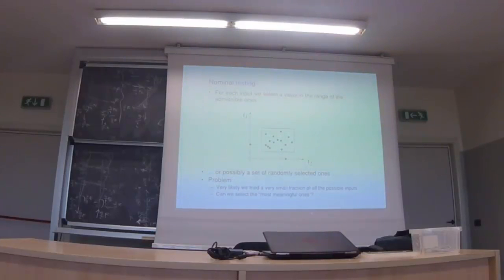We can select a value in the range of the admissible ones and maybe some out of the possible range. We can select randomly, or choose some typical values, but most probably we try a very small fraction of all the possible inputs, right?